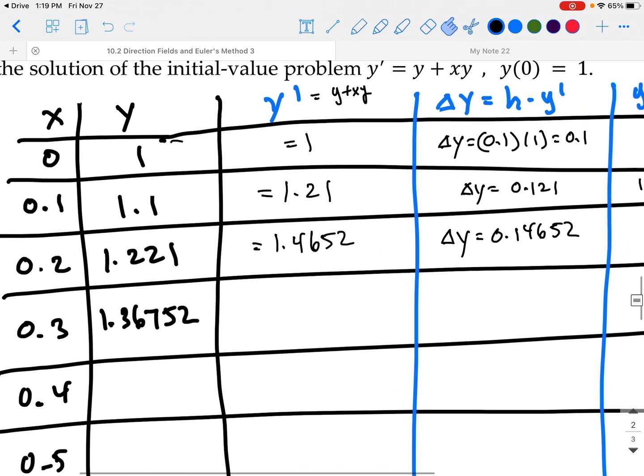So we've got 2 more to go. Almost there. So we've got 1.36752 plus 0.3 times 1.36752. So we're going to get 1.77, lots of sevens, 6.